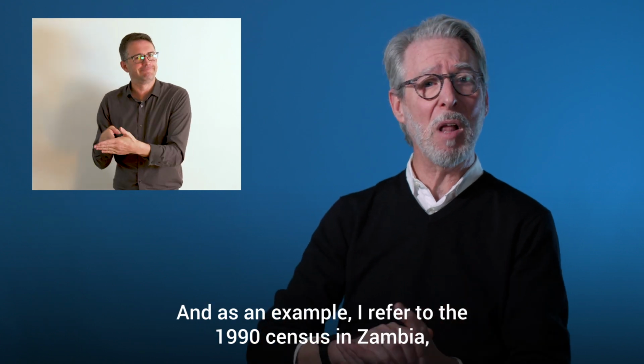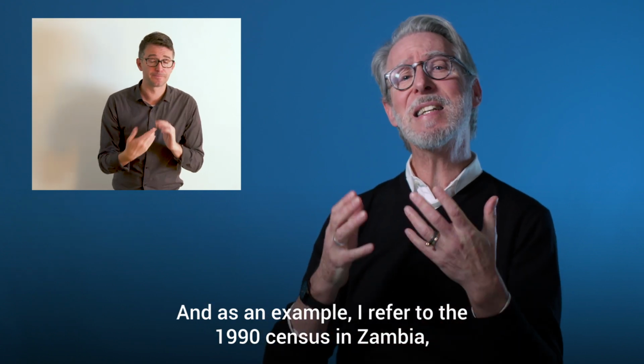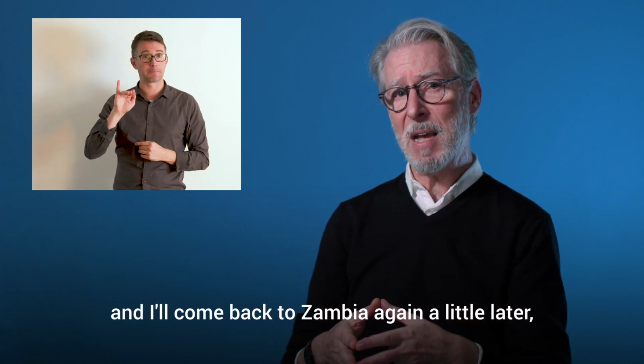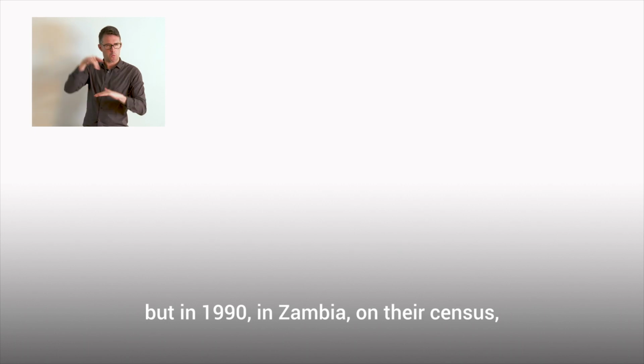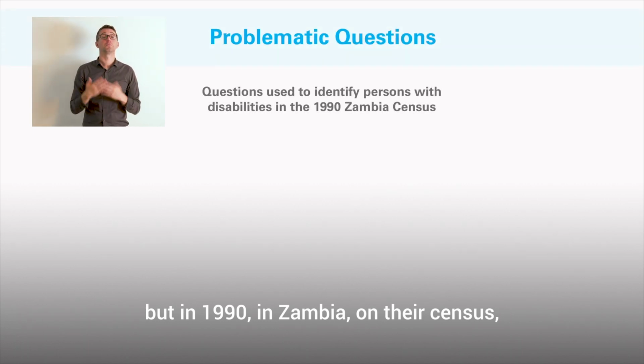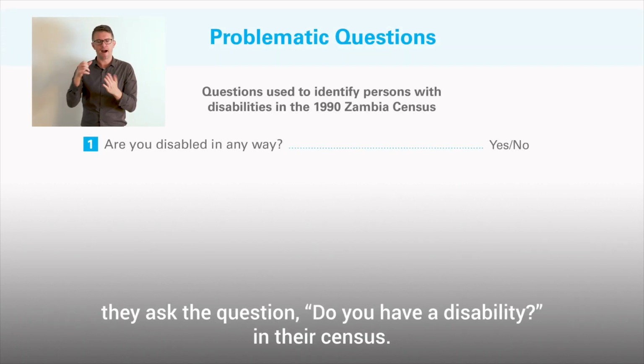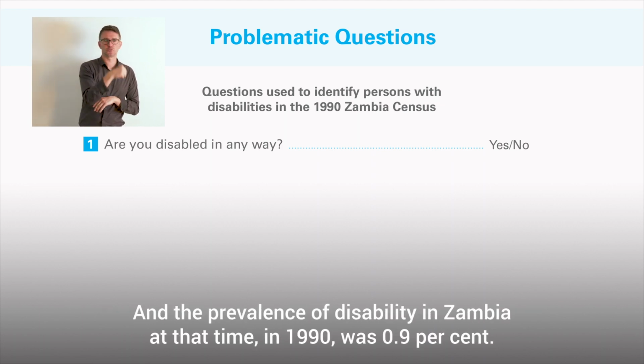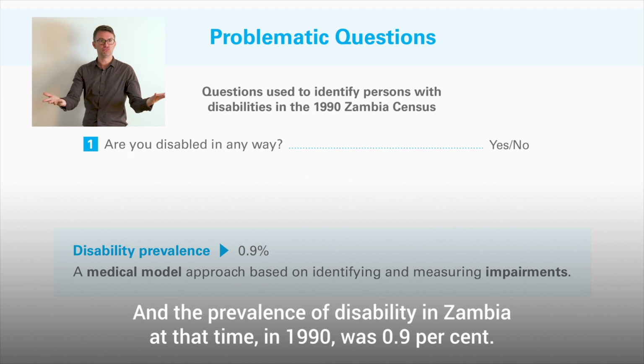As an example, I refer to the 1990 census in Zambia. And I'll come back to Zambia again a little later. But in 1990, in Zambia, on their census, they asked the question, do you have a disability? In their census. So it was asked of everybody. And the prevalence of disability in Zambia at that time, in 1990, was 0.9%.